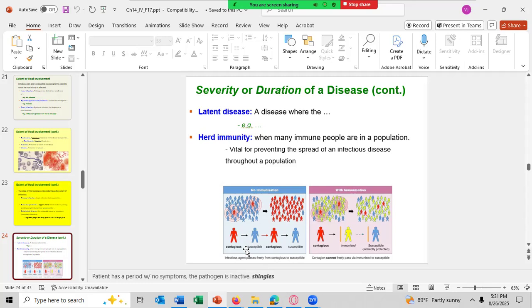So does that mean if I had chickenpox as a kid, I still have chickenpox? You still have the virus causing chickenpox, but it's latent, and only about, I think, 25% of Americans will have the chickenpox reactivate and then cause shingles.